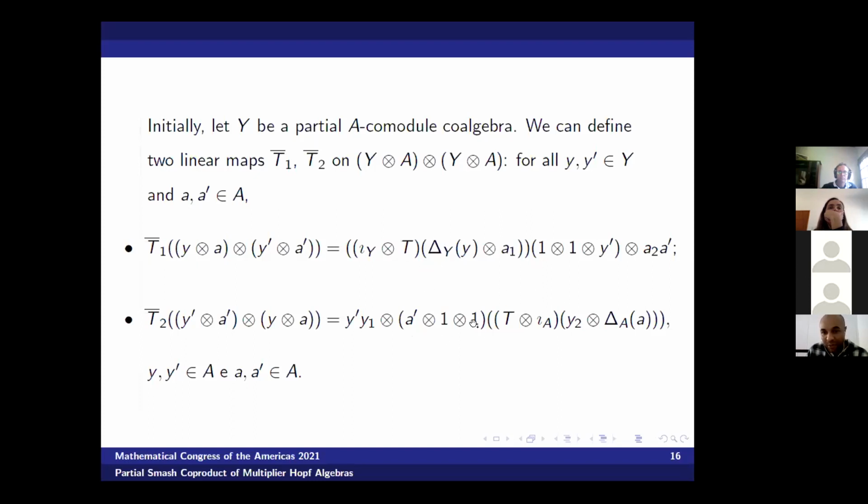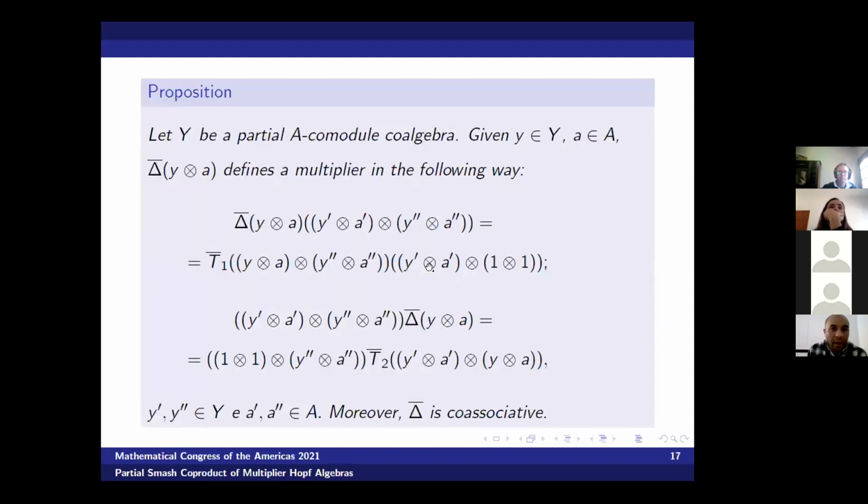In this second one, we can define a multiplier, but these two expressions lie in the tensor. And we use these two maps to define the coproduct in this context. So we consider a partial comodule coalgebra, then we define this multiplier.